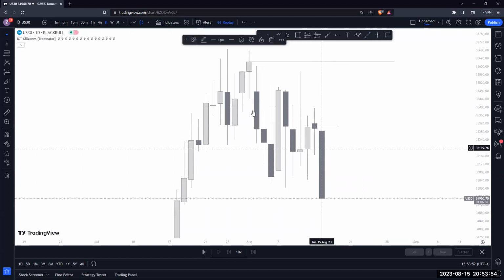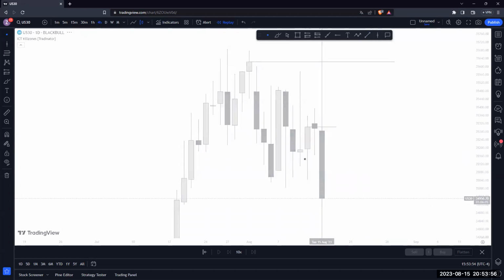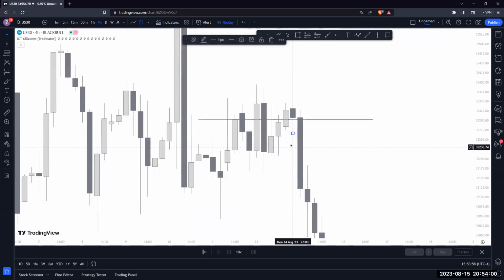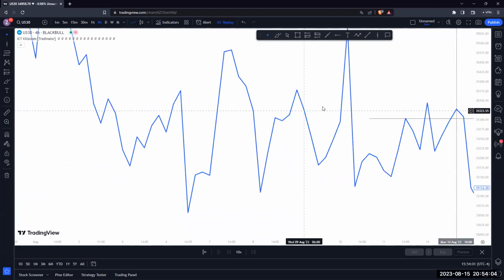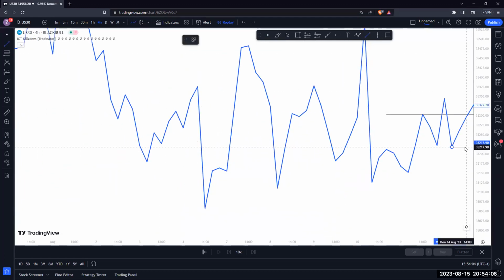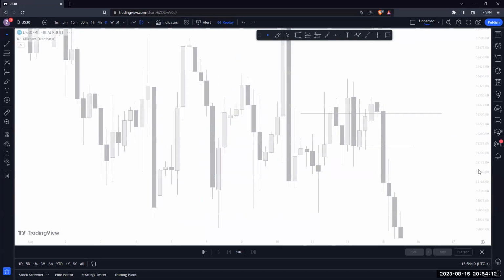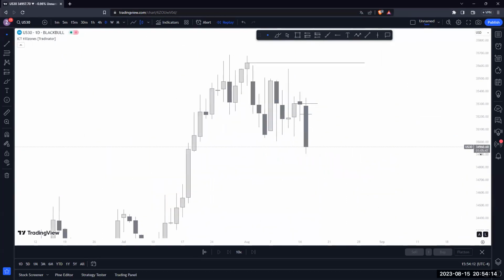You go to the vertical line, and then you go to the H4, and then where did it touch? It basically touched there. So you go line chart before it. Do you have something that got broken? Yes, this one. Now, are you bullish or bearish? Bearish.